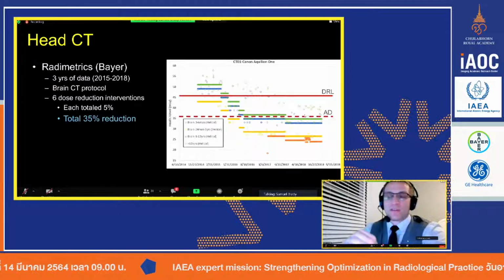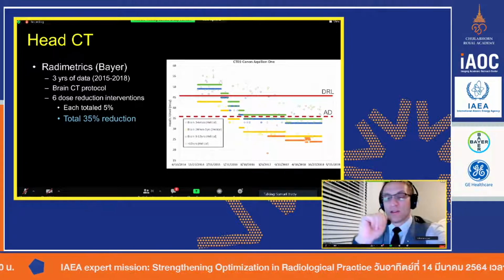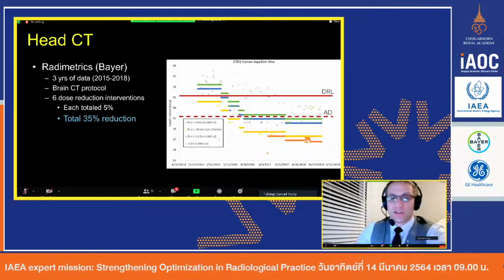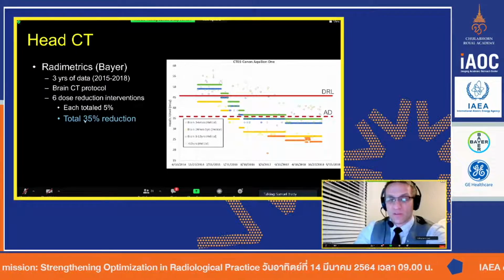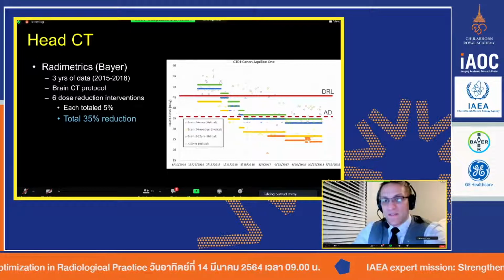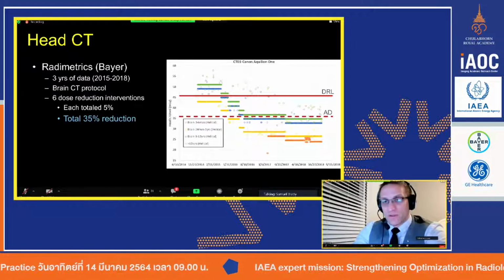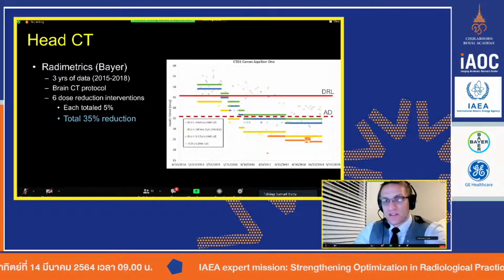We're happy with the dose, and we're happy with the image quality, and the ultimate reduction is we got about 35% total patient population dose reduction, and the net effect is our new values for the greater than 13-year-olds and our 6 to 12-year-olds.